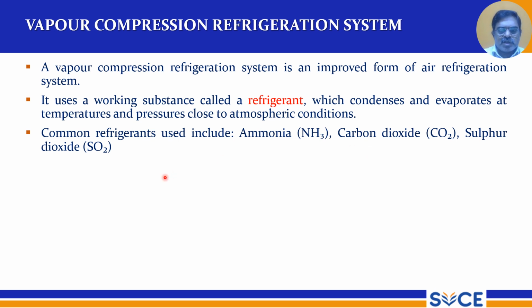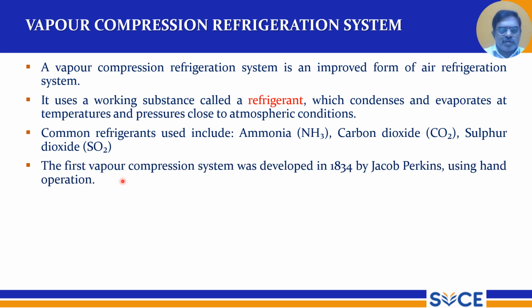So these are the three common types of refrigerants used in a vapor compression refrigeration system. The first vapor compression system was developed in the year 1834, almost 100 years back, by Jacob Perkins using hand operation. So for compression, everything he did using hand operation.